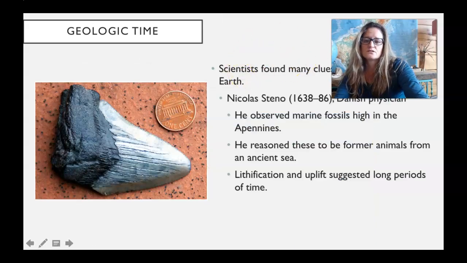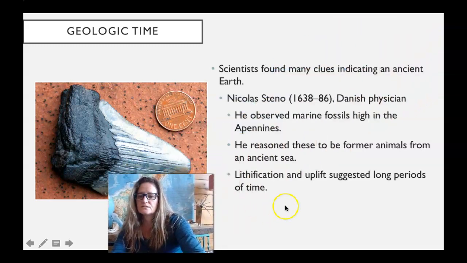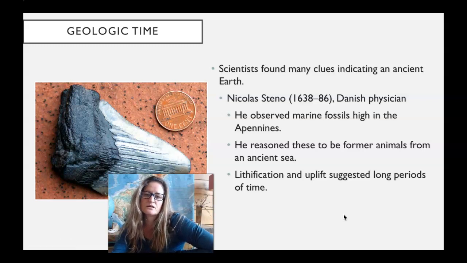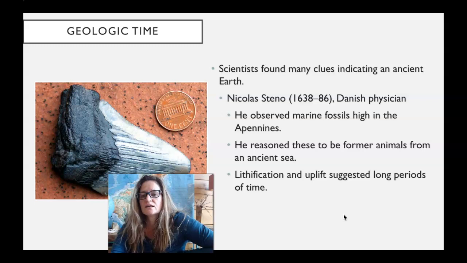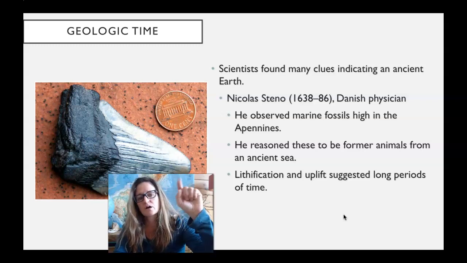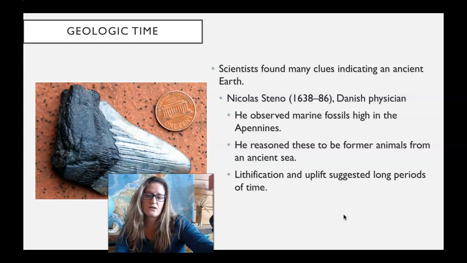So geologic time. Nicholas Steno, he was Danish, and just like a lot of the people who made big discoveries in early geology, he was a physician, and he looked at rocks in the Apennines. Apennines are a mountain chain up the long part of Italy. And when he was looking at those rocks, he noticed in the rock record there were marine fossils. And how could that be?